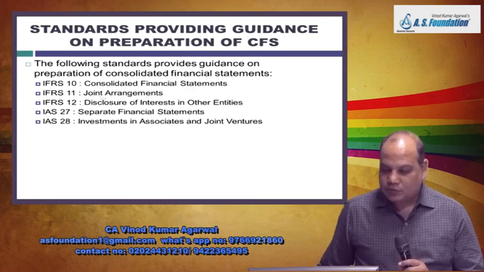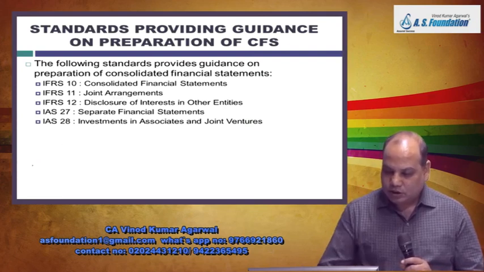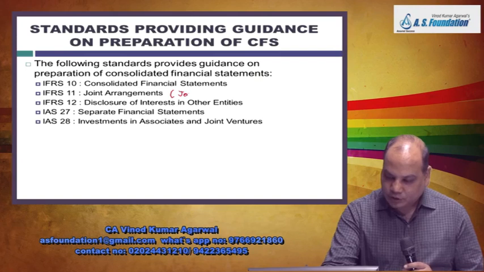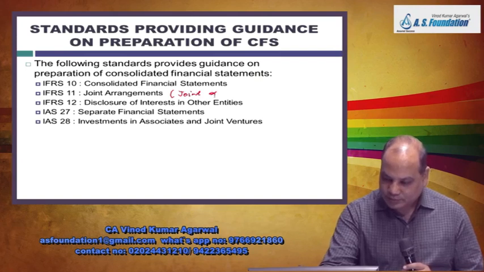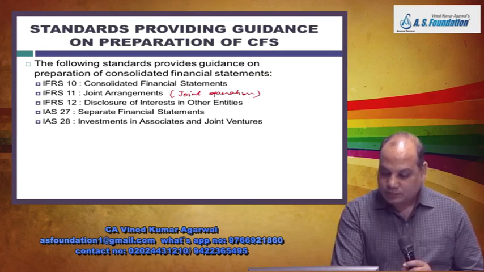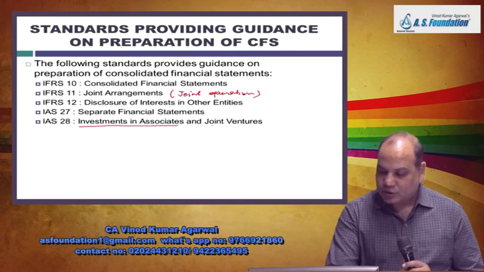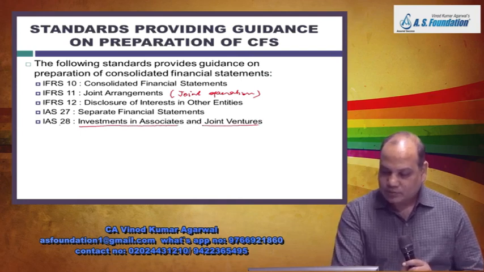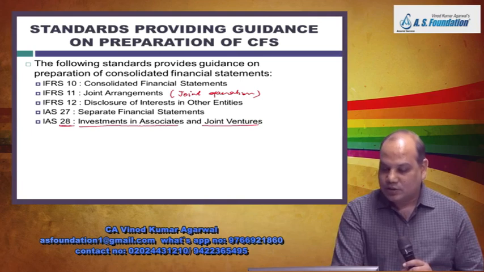In case if we have joint arrangement and the joint arrangement is in the form of joint operation, then we will apply IFRS 11. If it is investment in associate and joint venture, then we'll apply IAS 28.